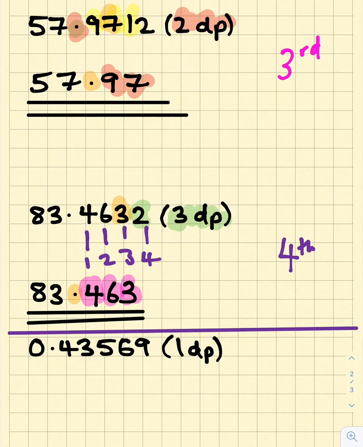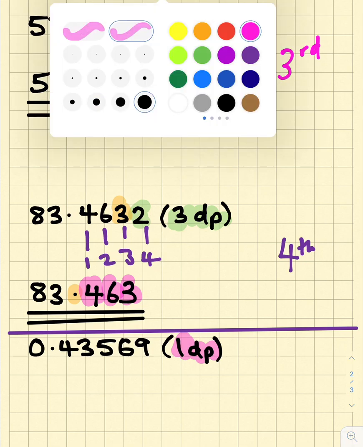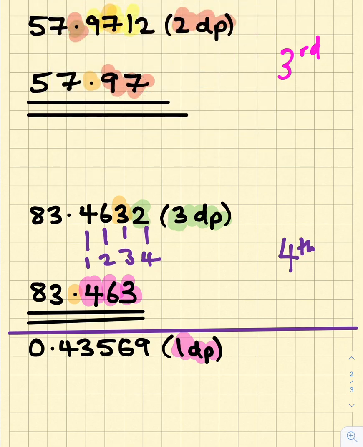There we go. Round 0.43569 to 1 decimal place. How many decimal places are we rounding to? Well, we're rounding to 1 decimal place. In that case, we are going to inspect the second decimal place, because we always inspect the decimal place after it.